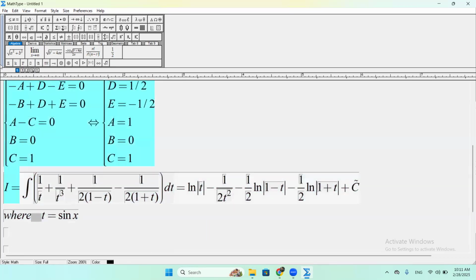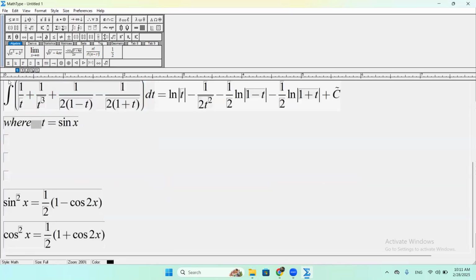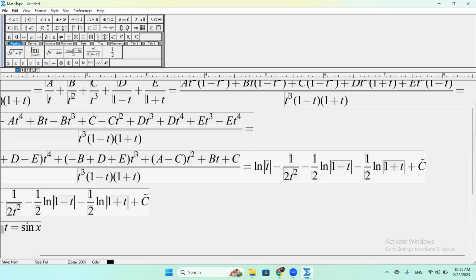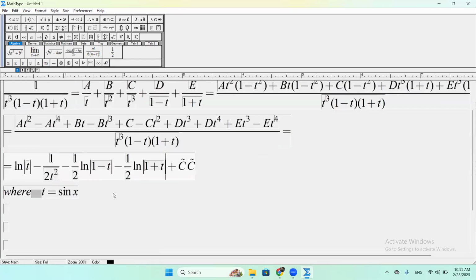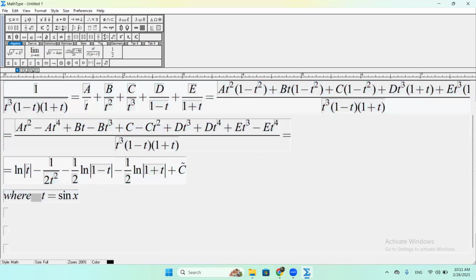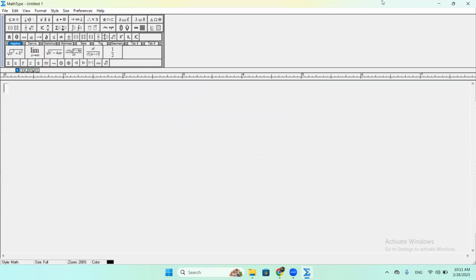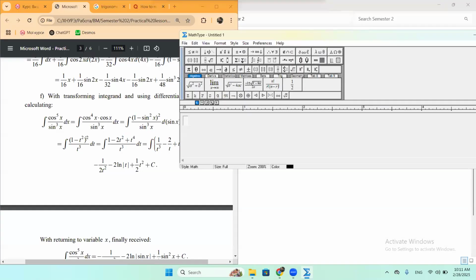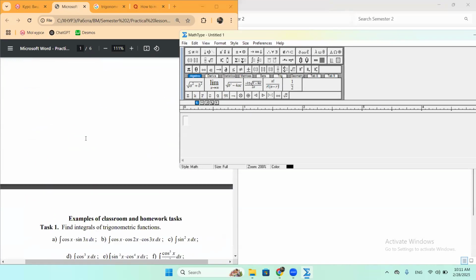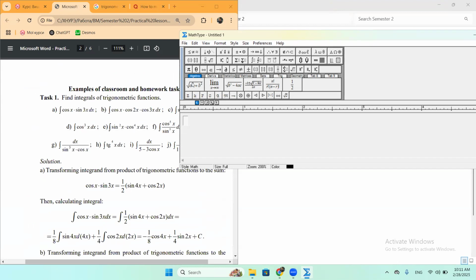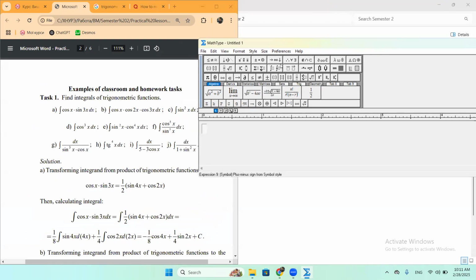Okay, so moving to the next exercise. Okay, let me clear everything. So we have the following integral: tangent of x to the power of 4.